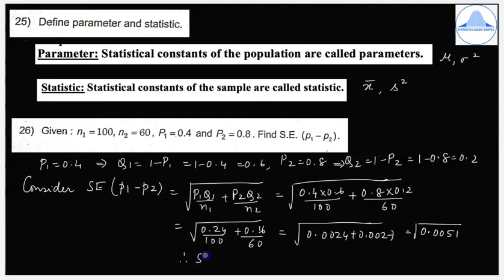So therefore standard error of P1 minus P2 is 0.0714.